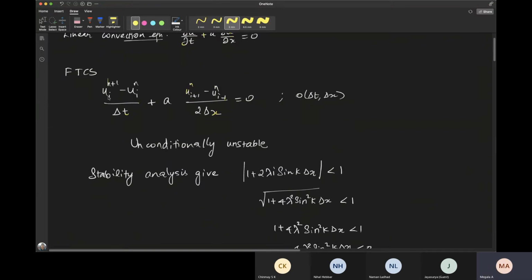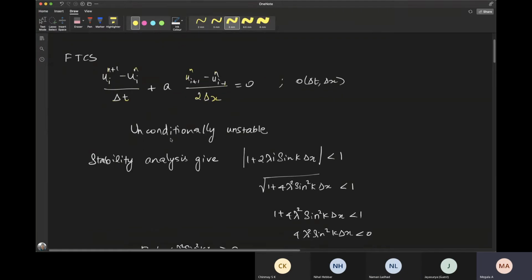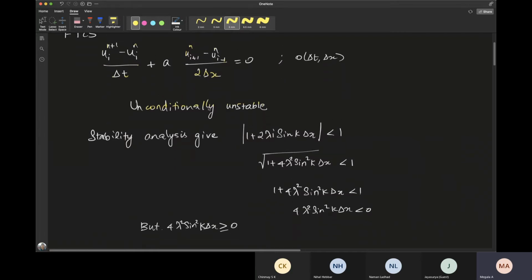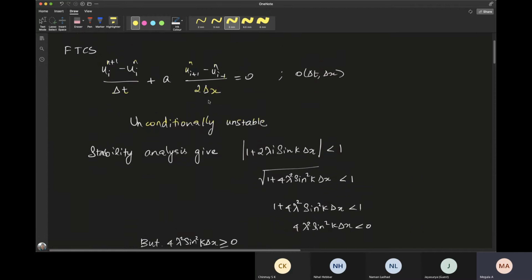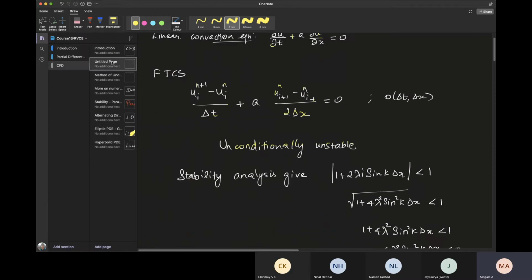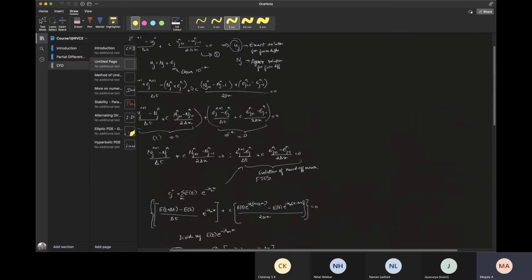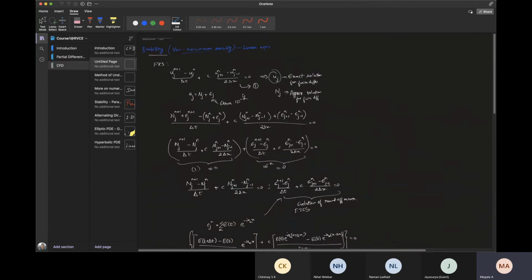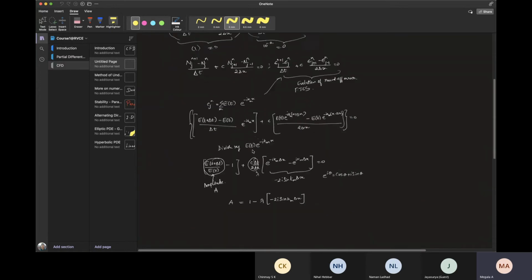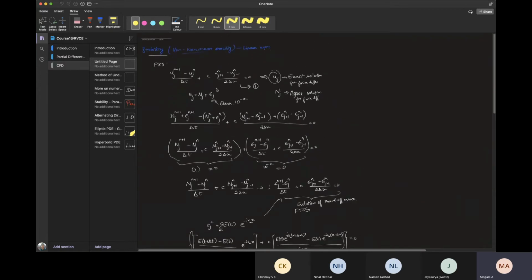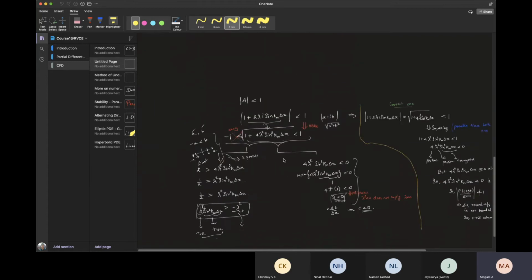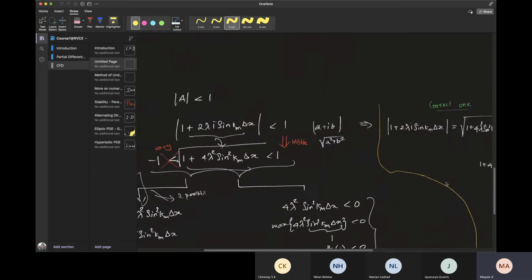So this is unconditionally unstable. That is, it's always unstable. I'm not going through the full stability analysis of this. I think we went through this sometime back in the first class in a hazy way. This is the result.